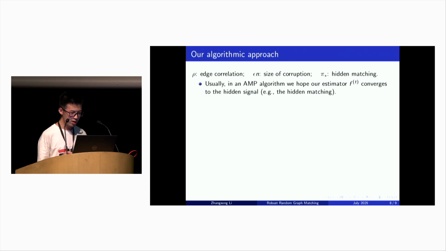Recall that usually in an AMP algorithm, we hope that the estimators we construct will converge to the hidden signal, which in our case is just the hidden vertex matching. But in our case, it seems quite difficult to directly do that. So instead, we will try a different approach.